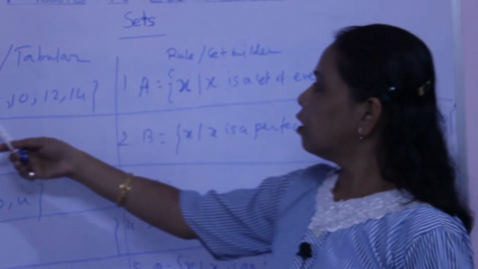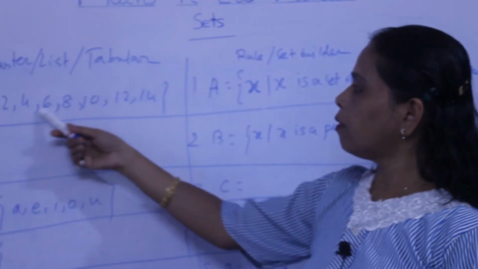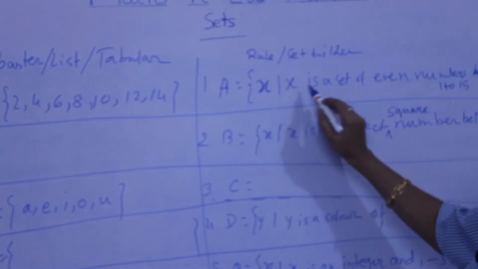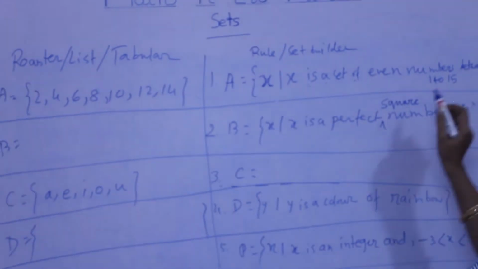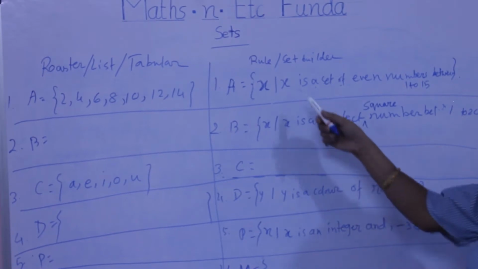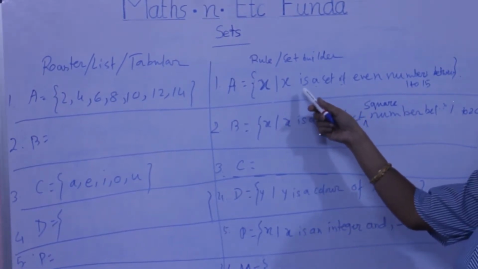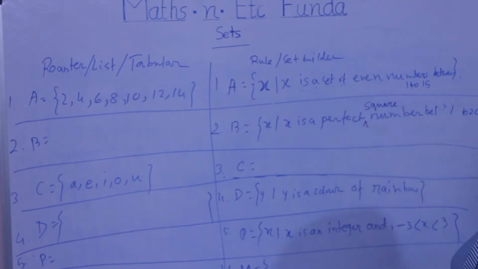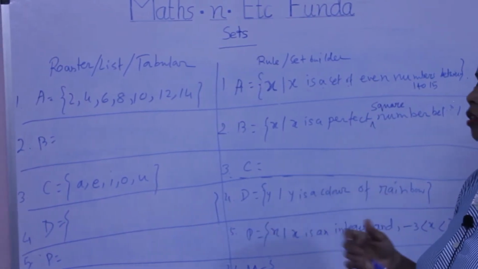We observe from this data that this is a finite set. So this is the form of set builder method.